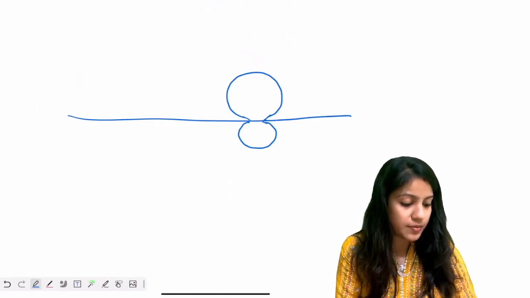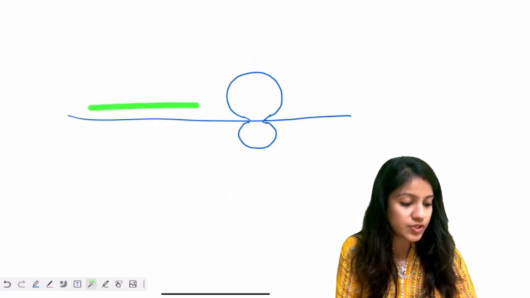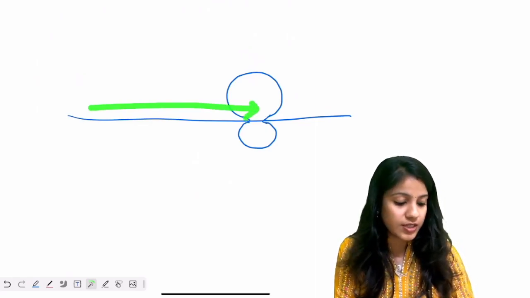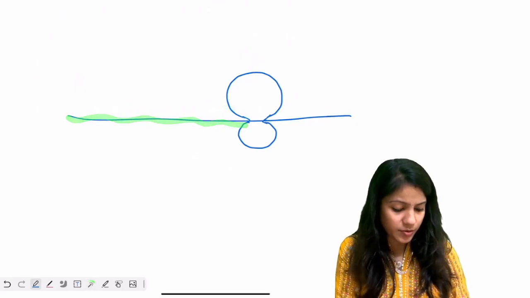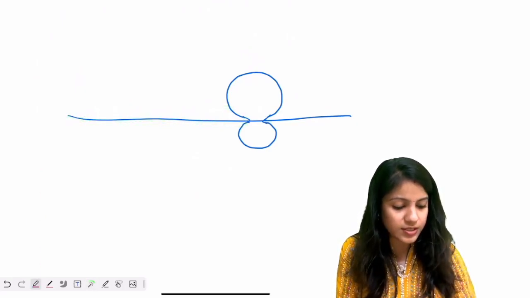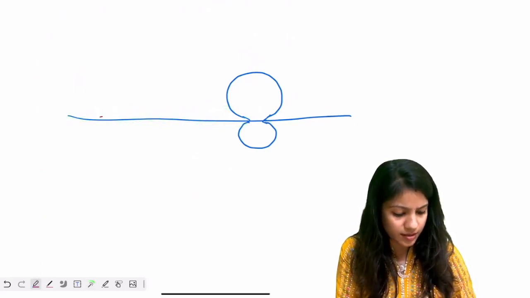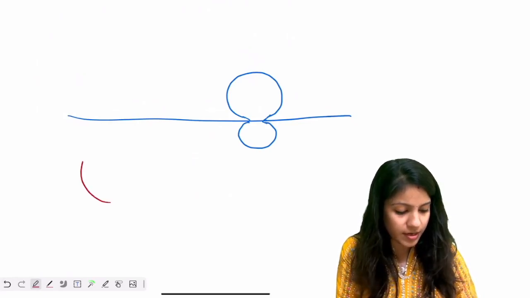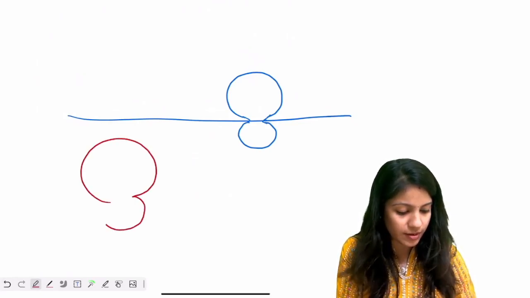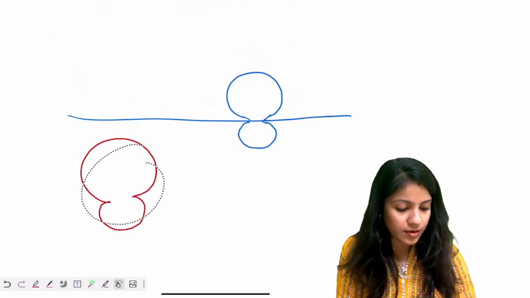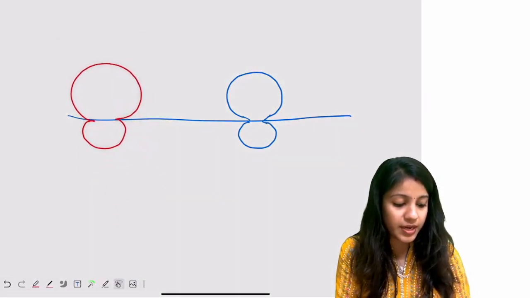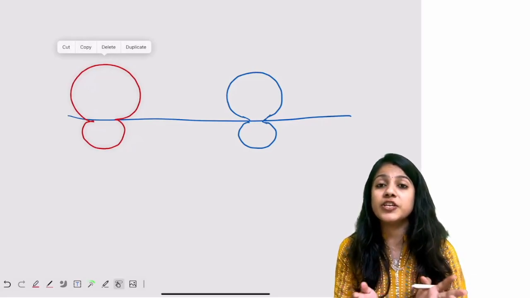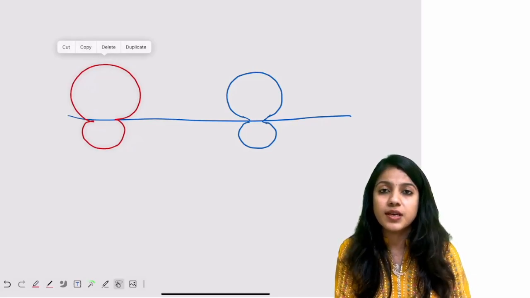Since this ribosome has moved from this position to this position, now this mRNA is vacant, right? Another ribosome will come and bind on this mRNA. So there will again be a second ribosome continuing with the protein formation process.